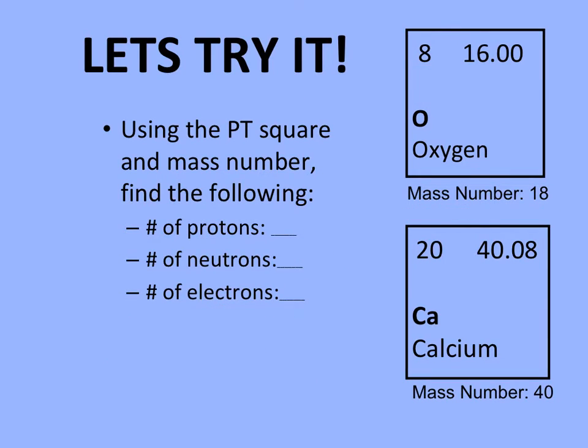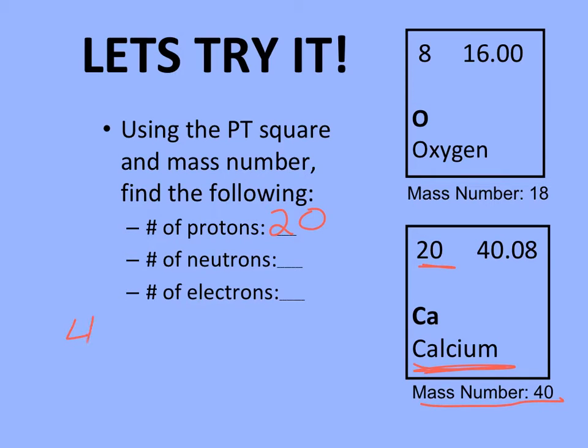Let's look at another example of calcium. So calcium has an atomic number of 20. The atomic number tells us automatically the number of protons. To figure out the neutrons, we need to know the mass number. So in this example, this type of calcium, this isotope of calcium, has a mass number of 40.